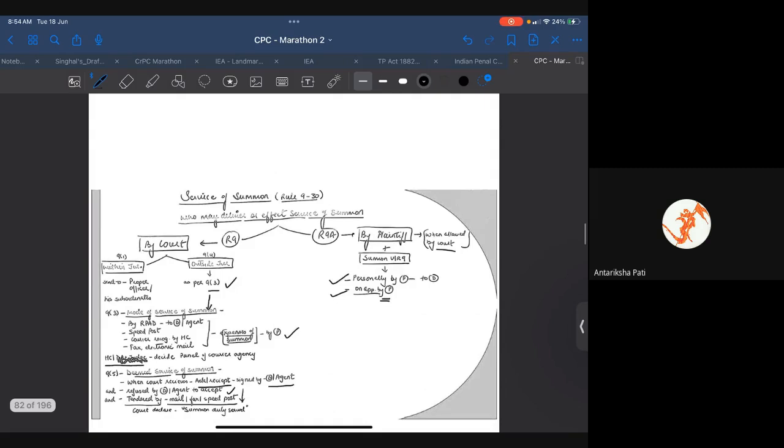Now, summons: how it may be served, who may deliver it, and the effect of service of summons. Rule 9 says the court will serve it within the jurisdiction. How will it be served? It will be sent to the proper officer and his subordinates, and outside the court it will be sent either by registered post, registered courier, a courier recognized by the High Court, fax, or electronic mail.